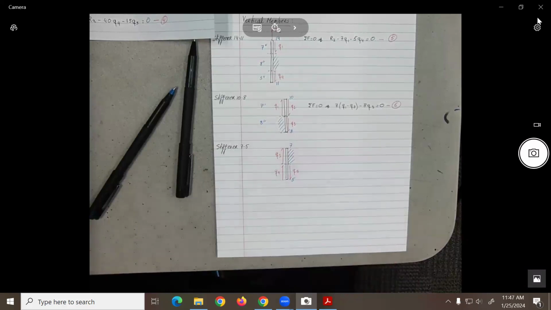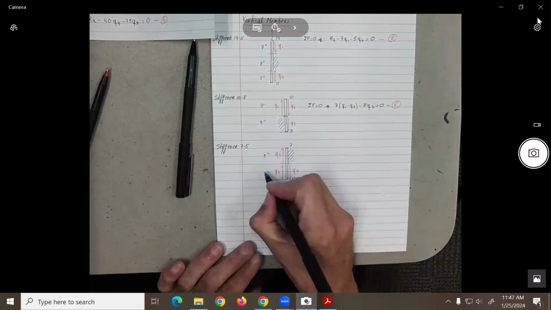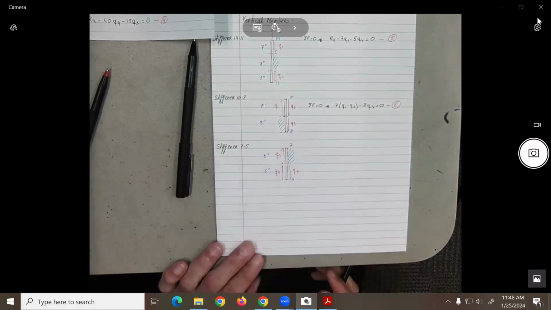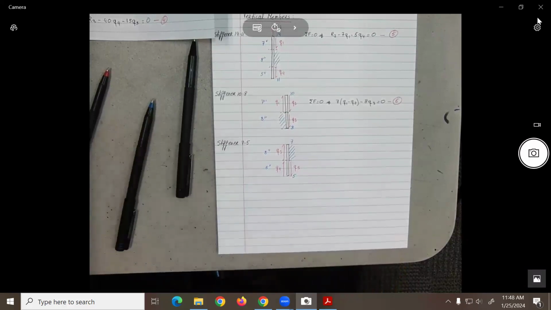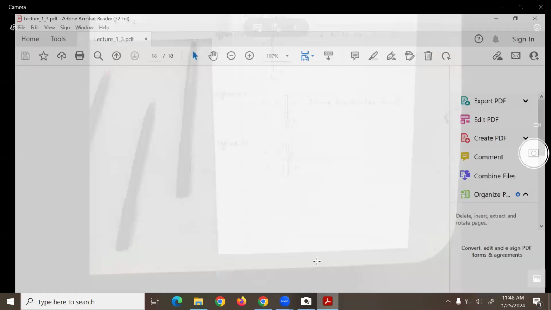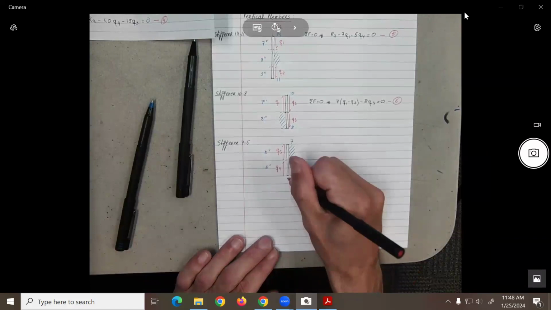Then here we have the dimensions, I think 8 inches, 5 inches. And we have the force of 1,000 pulling down over here.